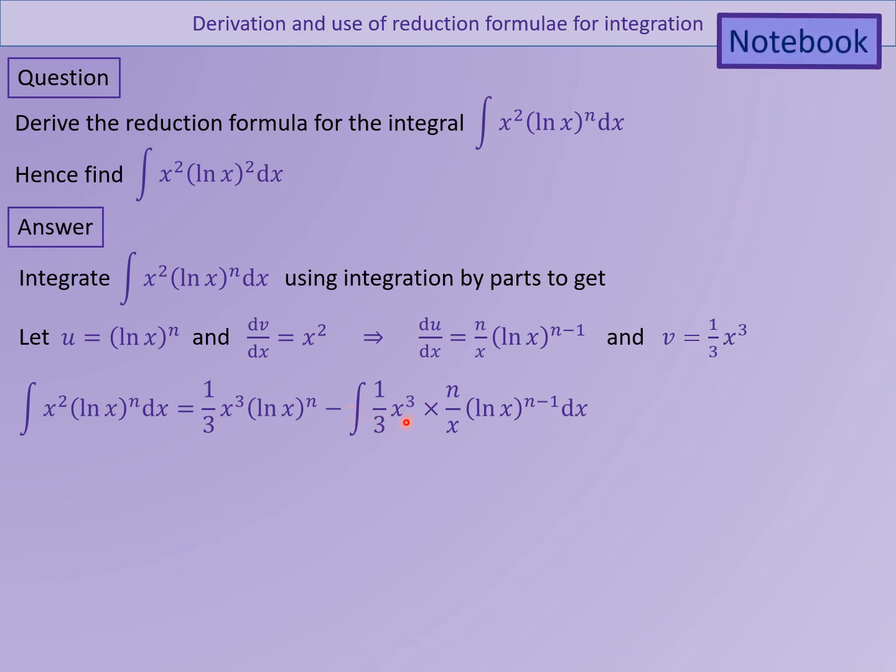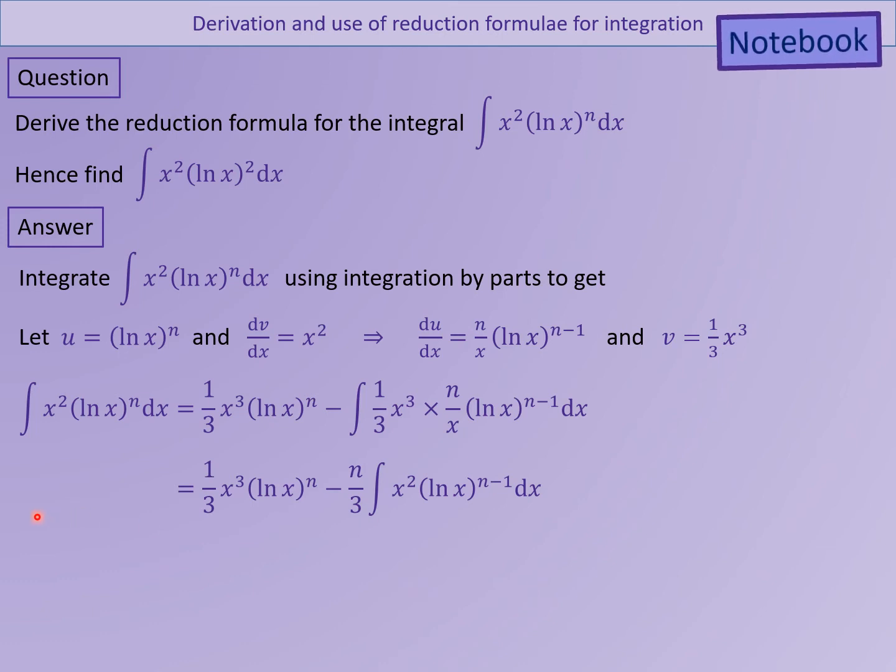I could pull out the n as well, couldn't I? Because the n is a constant. So n over 3 could come out and I'm left with x squared (ln x) to the n minus 1, which is absolutely perfect because my original function is very, very similar to that. So let's just neaten it up. There we go, n over 3 x squared (ln x) to the power n minus 1.